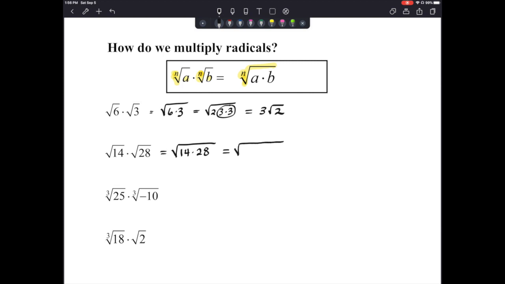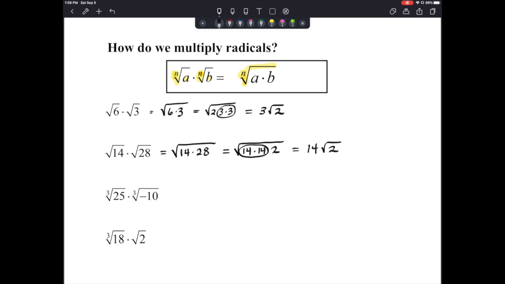We're looking for pairs. If I do 14, and I know 28 is just 14 times 2, I don't have to break it all the way down because here is my perfect square, 14 squared, which we know because when we memorized our perfect squares, we know that's 196. But we don't actually have to turn it into 196 because we can pull it out now and make it 14 radical 2.